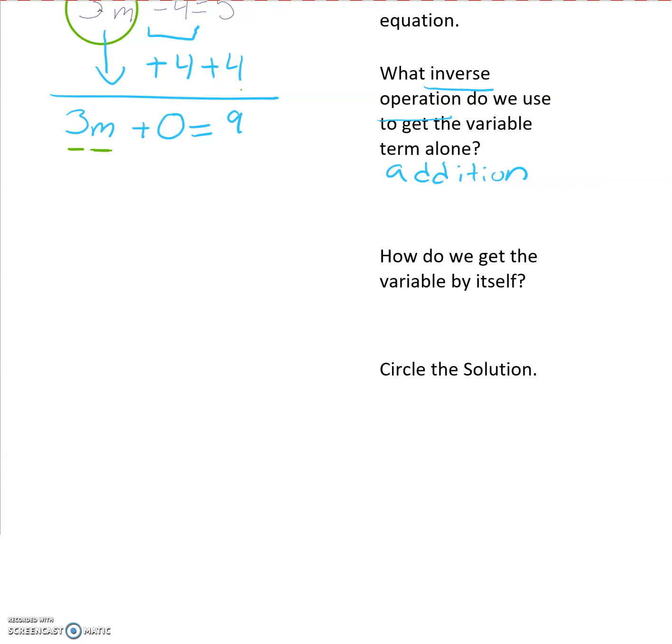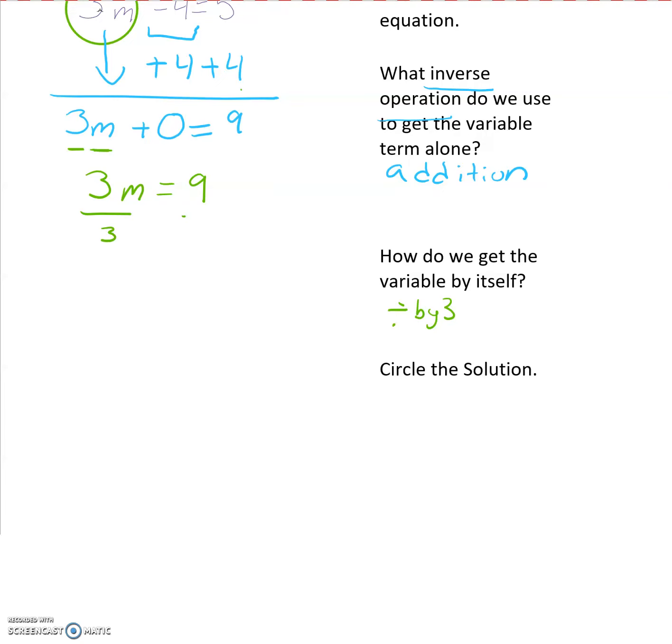We're trying to find what that m is so that we can multiply them together to get that 9. So I'm just really quickly going to rewrite my equation without this 0. 3m equals 9. So now, how do I do the inverse of multiplication? What's the inverse of multiplication? We're going to divide by 3.